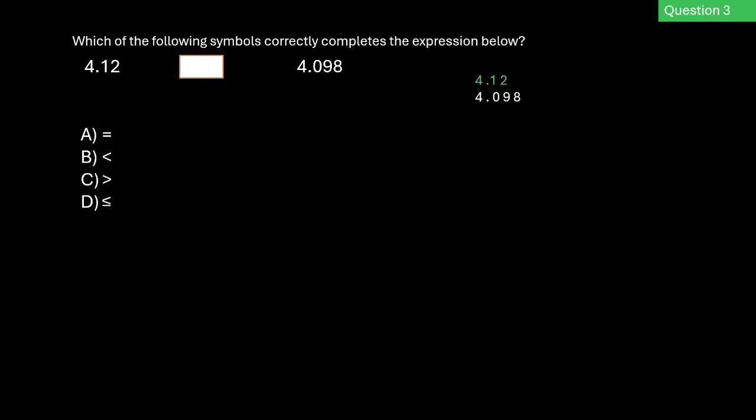So our answer is C. So don't forget, line your numbers up, value under value, as if you're about to add or subtract using an algorithm, and just compare across, start from the largest value and move your way across, and that's how you do it.